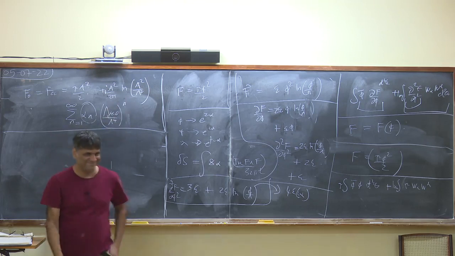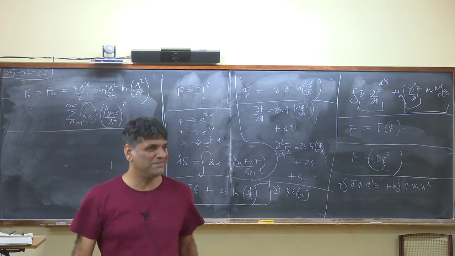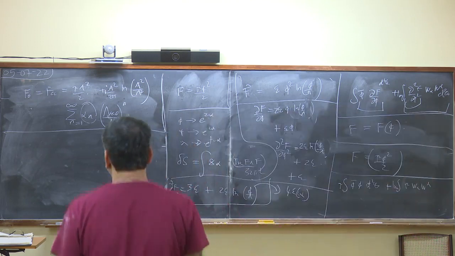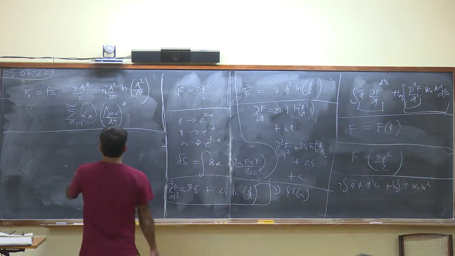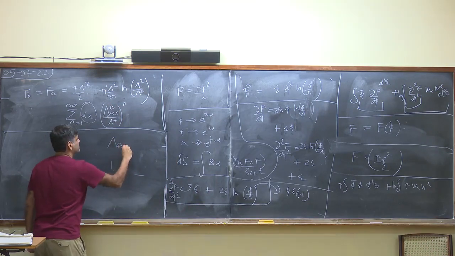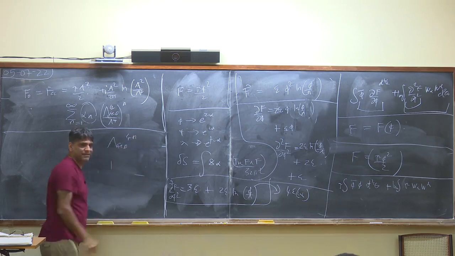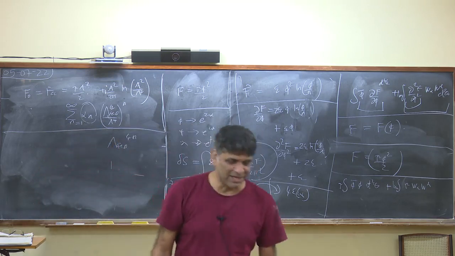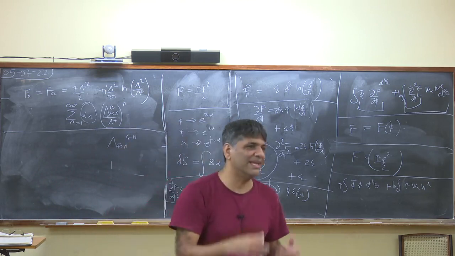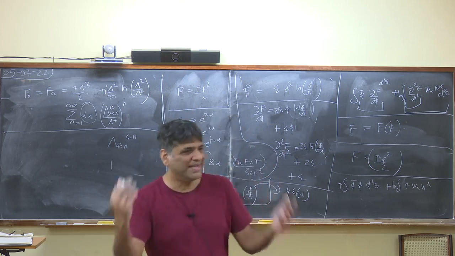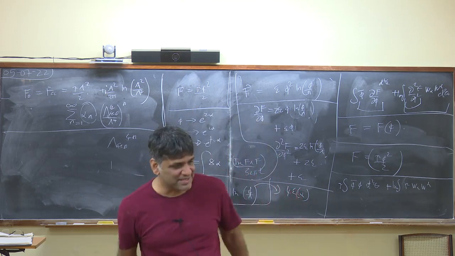We have a mass scale in the problem. And the fact that this term goes like lambda QCD to the power 4n can also be used to confirm that it's an instanton term, because an instanton term goes like e to the power minus 1 over whatever, 8 pi squared over g squared, whatever it is.